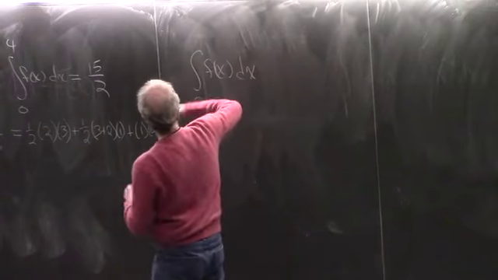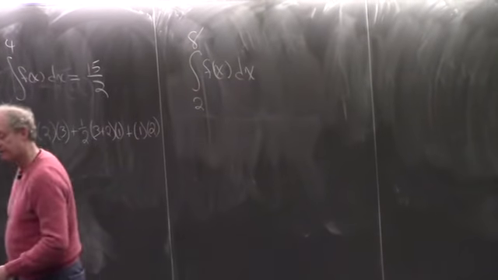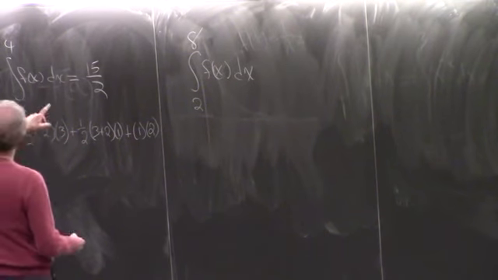That's an 8 if you can't read my handwriting, right? I'm going to do the integral from 2 to 8. What we're going to do is we're just going to add up all these different areas.